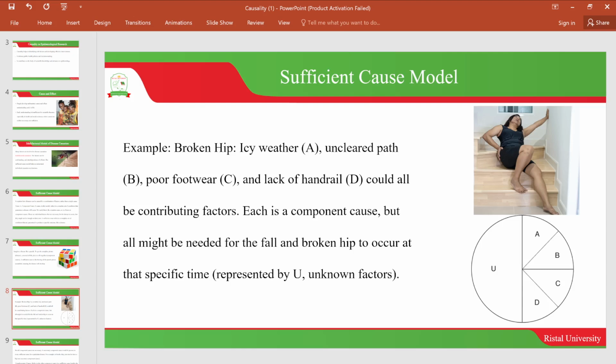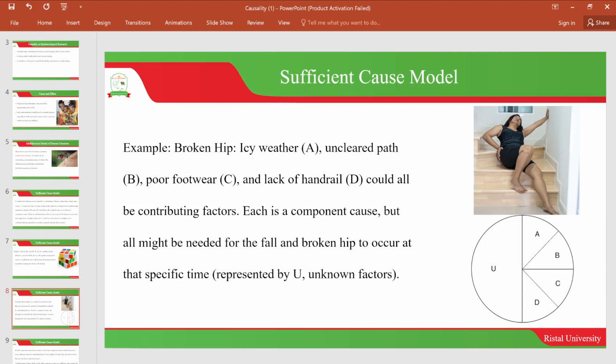So component causes are A, B, C, and D. If you have them in sufficient combination, then U will happen, which is the disease. So it does not always mean that A, B, C, and D should always be available for the disease of interest to happen or to manifest. This is very key to note.